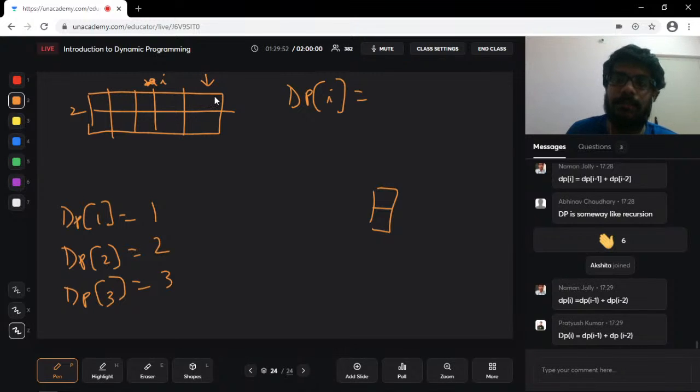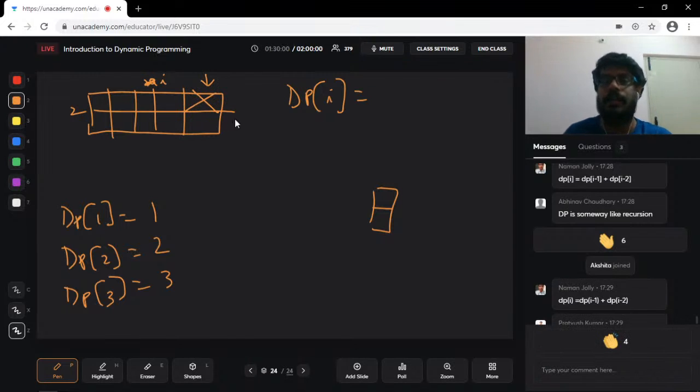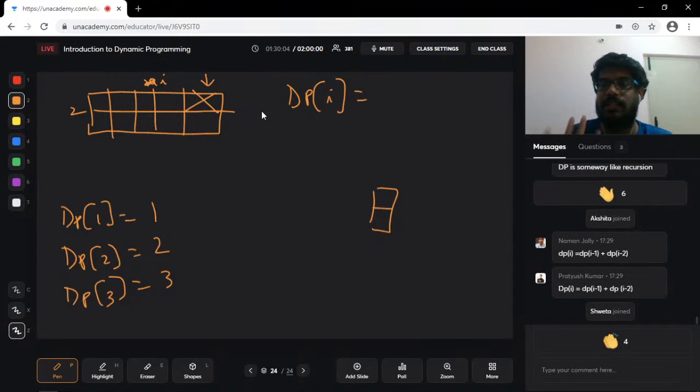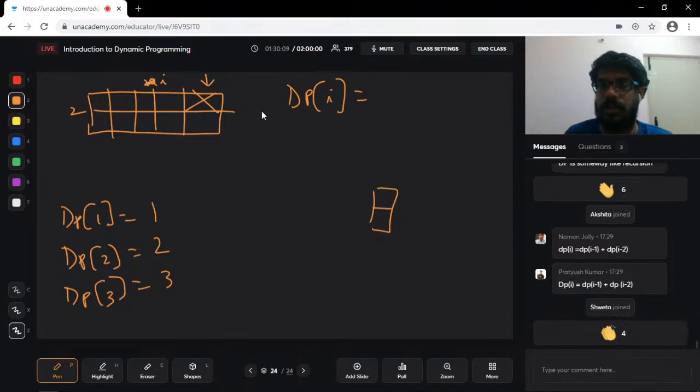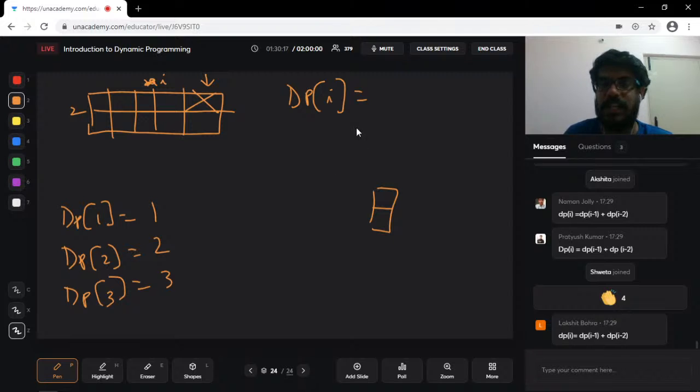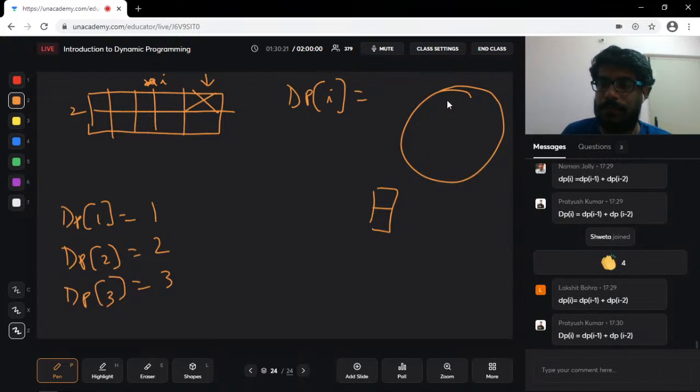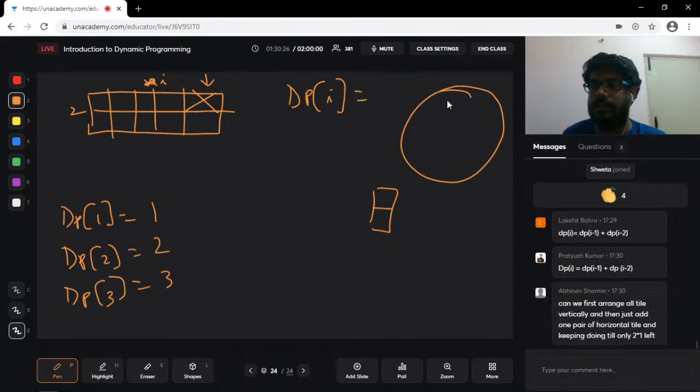So the question here is, how is this last column tiled? In particular, let's just focus on the last top right cell. This top right cell has to be tiled somehow. It has to be covered by some tile. What is the tile which is covering it? Going back to the bag visualization, dp of I is this bag containing all the possible tilings, and dp of I is nothing but the number of subsets in this.